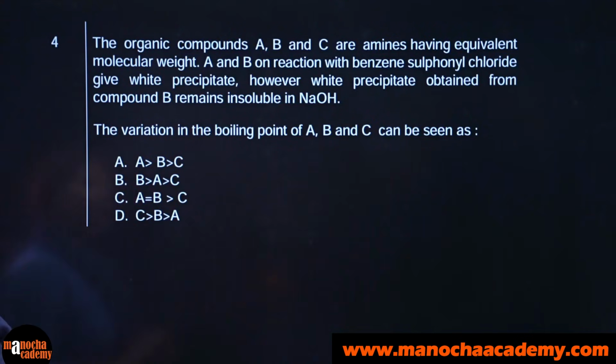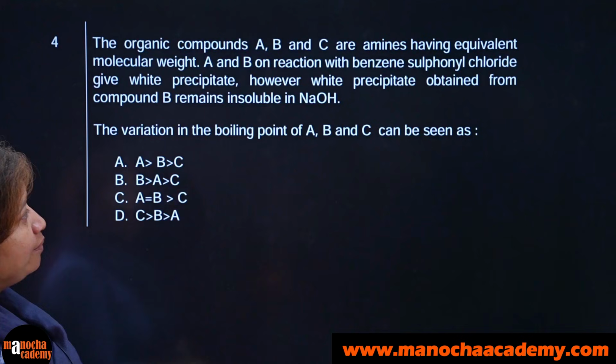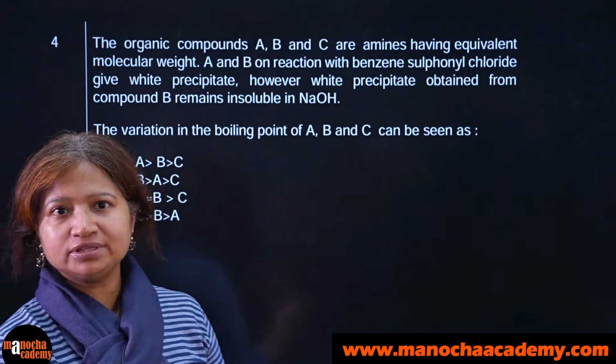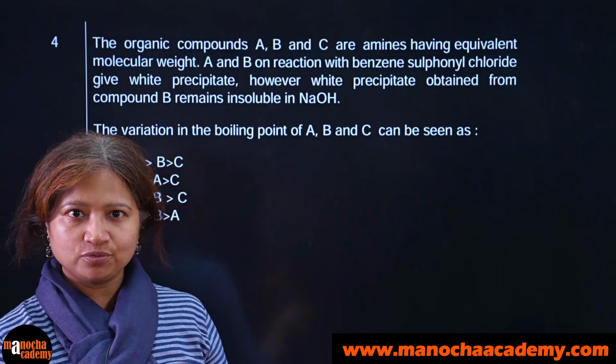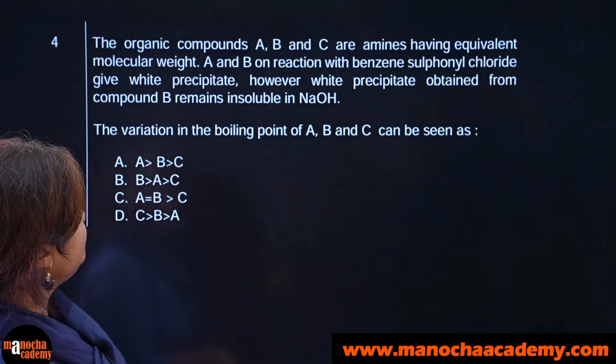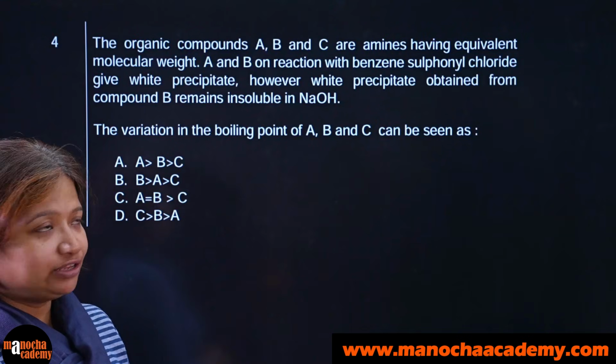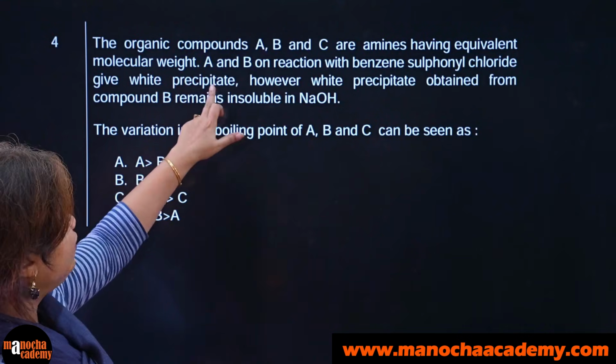Now, what is this question? Let me check. Organic compounds A, B and C are amines having equivalent molecular weight. That means they are primary, secondary or tertiary amines, isomeric amines. A and B on reaction with benzene sulfonyl chloride, that means Hinsberg reagent, give a white precipitate.